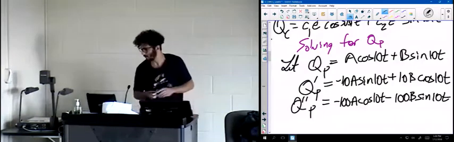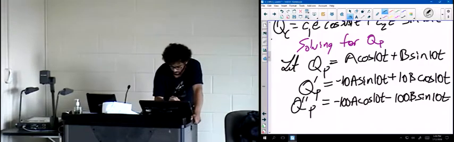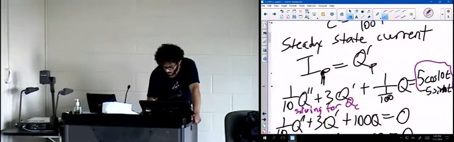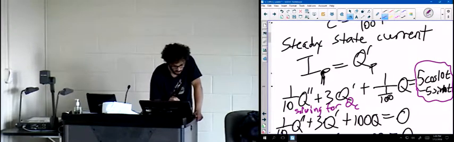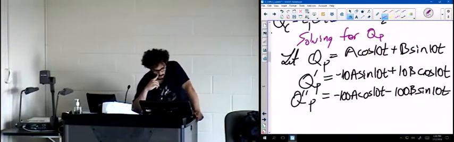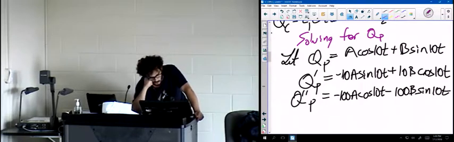Right? So you see, we had this function for our E of t, and to solve for the particular, you just let our solution be of the same form, and we take its derivative twice. And now, all we have to do is plug these derivatives, these equations, into our original equation for the circuit to solve.